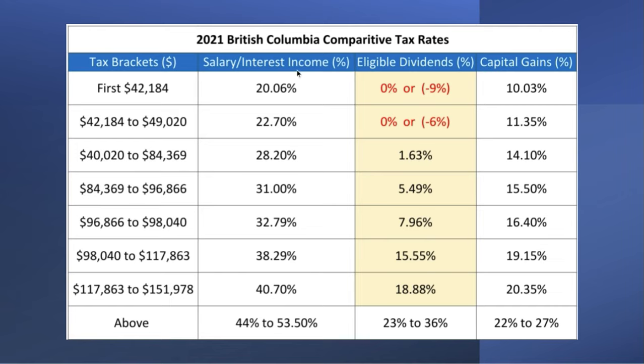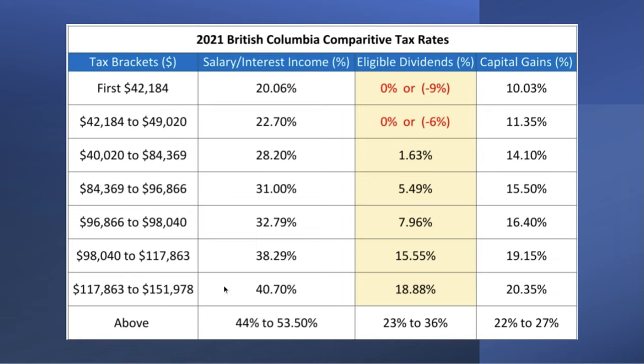American dividends are also treated as interest income, and you'll see in our lower brackets you're at about a 20% tax bracket. As your income inches up into the $50,000 range, you're closer to 30%, and just under $96,000 you're paying 31% in taxes in BC on your overall income.